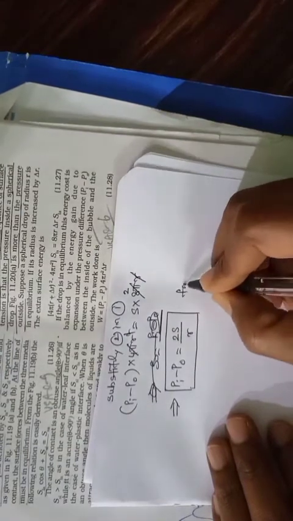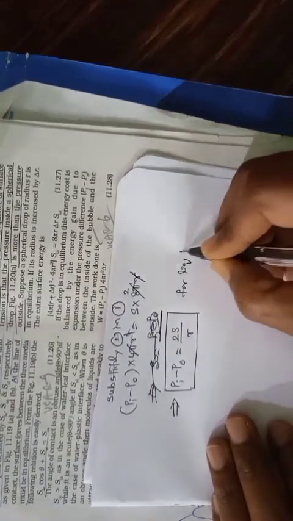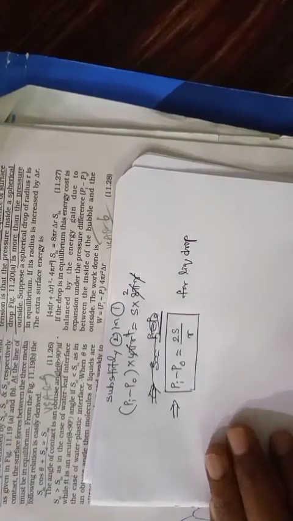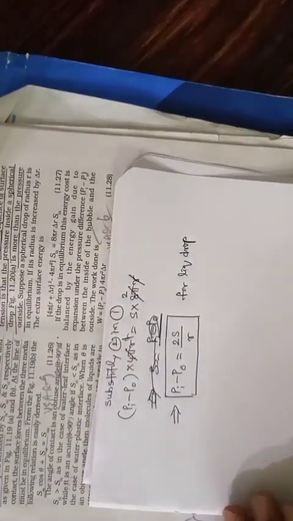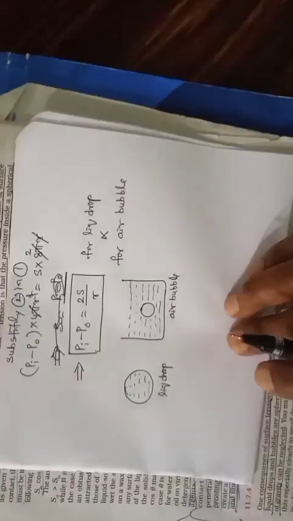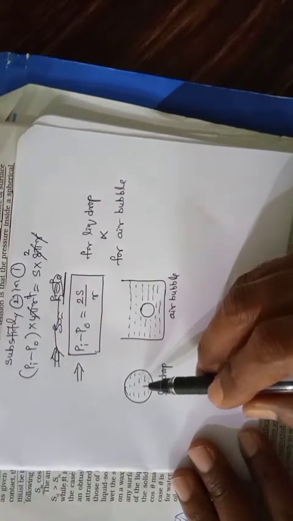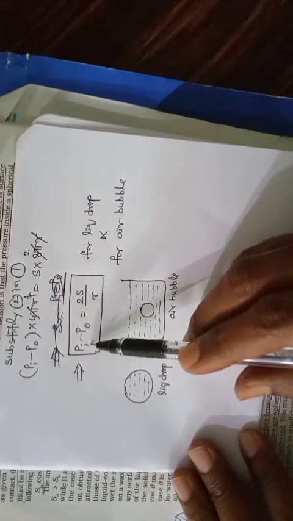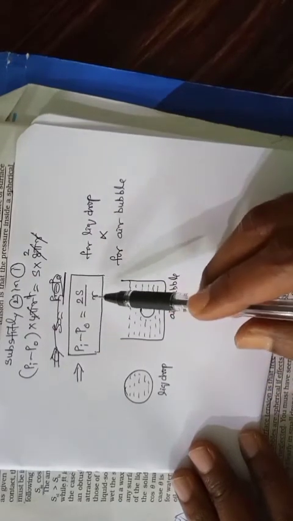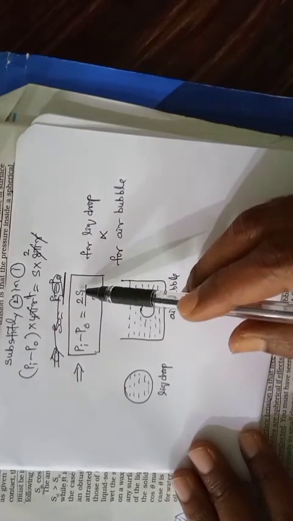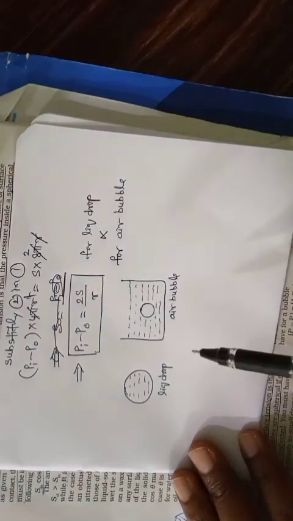This is for a liquid drop. For a liquid drop, we derived the expression for excess pressure, and that is equal to 2S by R. 2 into surface tension by radius of the sphere.